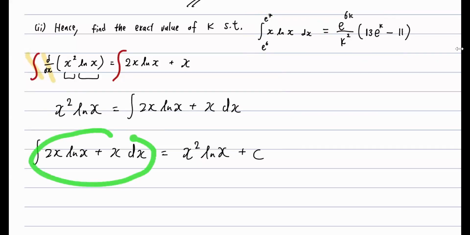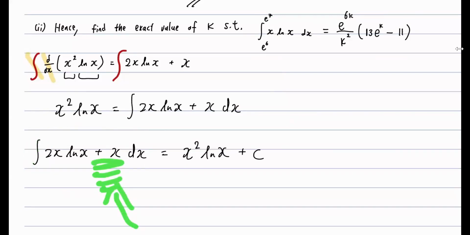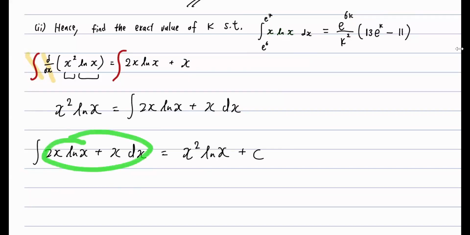The 2, and the plus x. So that means we need to do more work. Over here we only have x ln x, but over there we have an extra factor of 2 and an extra plus x. So we need to do a bit more work.